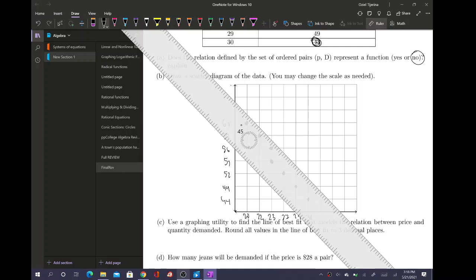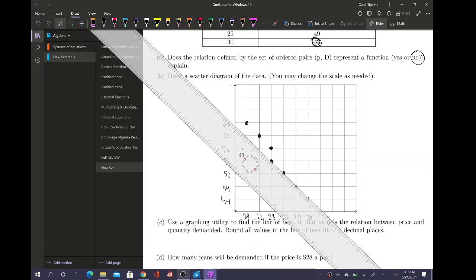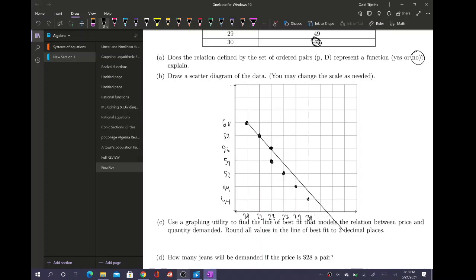And it's asking us to draw the line of best fit. So, I mean, oh lord. I honestly don't know how to do this part.